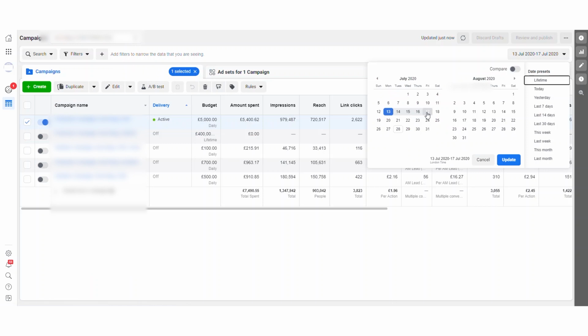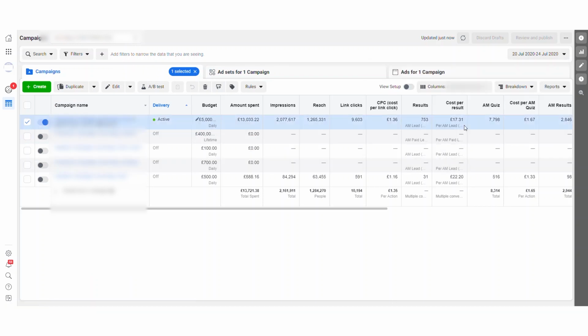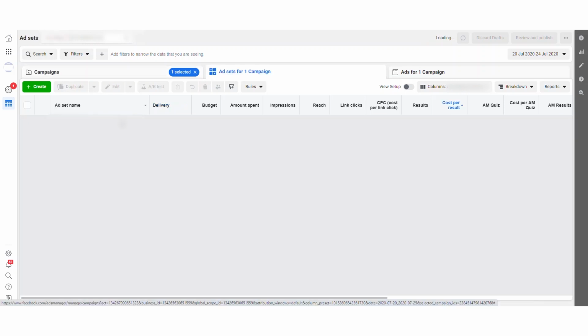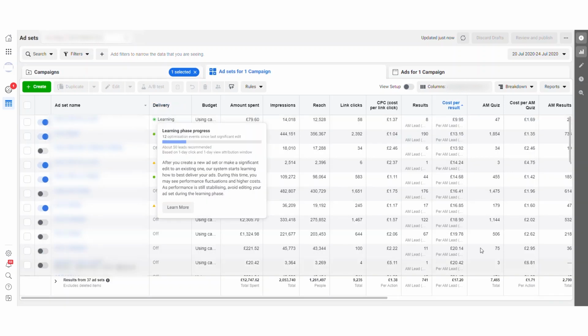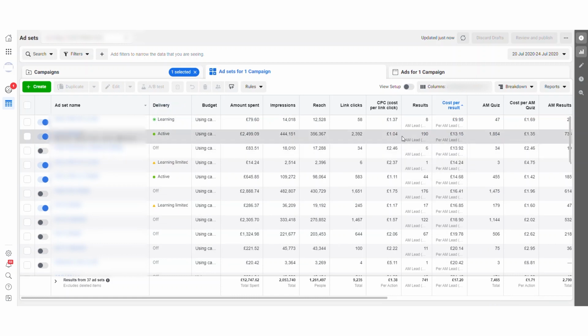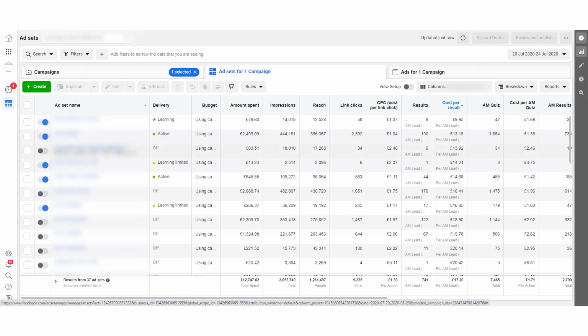So then the week after that, some of our changes started to work. It brought it down slightly, still not enough. So we had to keep on working at it. And as you can see, there are some here that are getting quite good traction for cheap. This was a new creative, but we'd also brought in a few new interests and some new lookalikes.